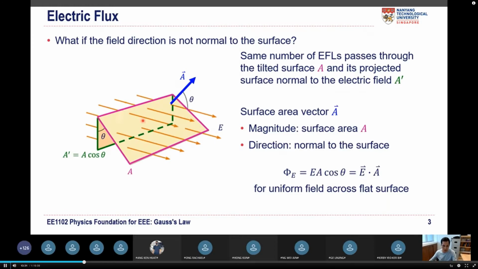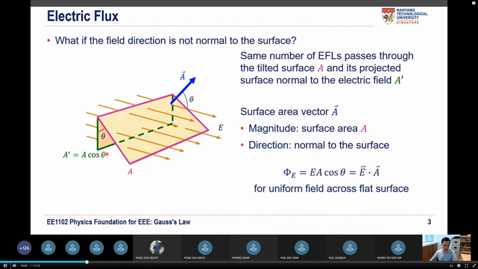You can imagine that I increase this theta larger and larger, and then make this theta 90 degrees. At that point, the flux through this purple highlighted area is going to be zero, because you can see that the lines passing through this area are zero.